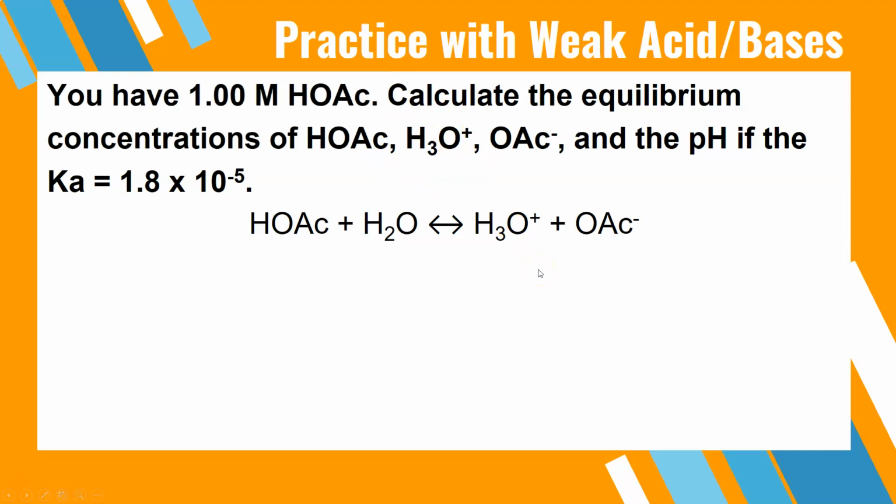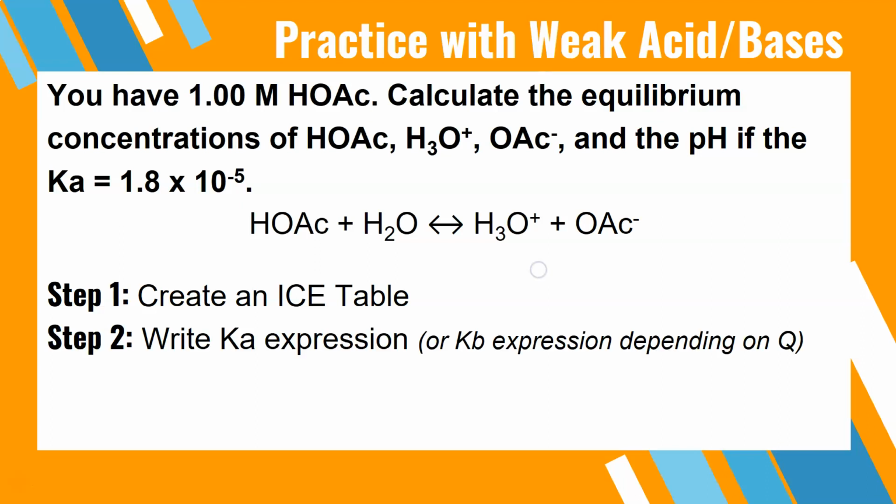So what I will need to do with this equation is create an ice table. I will have to write a K expression, Ka because this one's an acid, or maybe Kb if the reverse reaction was happening. Remember the opposites: opposite of Ka is Kb. Forward is an acid, reverse would be a base.